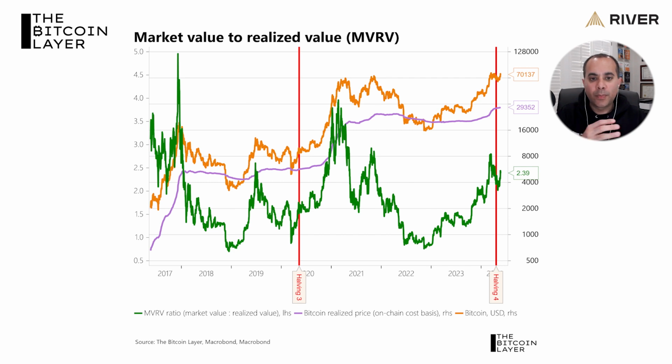We've seen the price go and extend way beyond the realized price, right? That's when the orange line goes way above the purple line. And then what happens to the ratio? That ratio is higher in that scenario because the multiple, like Check was saying, the multiple of what the price is to your custody price, your realized price, your cost basis is significantly high.